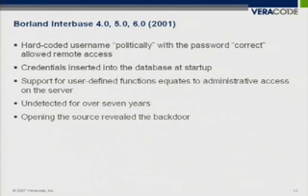So the way this one worked is when the password database is created for the first time, it inserts a hard-coded username, politically, and a hard-coded password, correct, into that password table. And so every instance of Borland InterBase 4, 5, and 6 would have this password that would work. It ended up being equivalent to administrative access on the system because you could write your own user-defined functions.